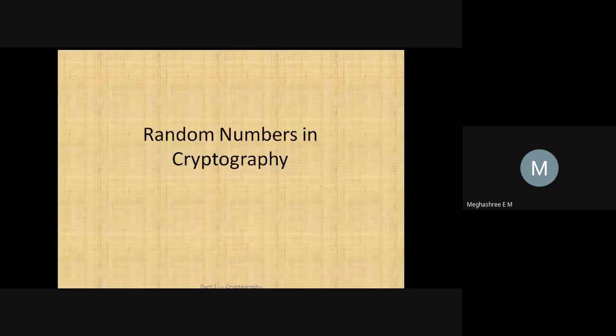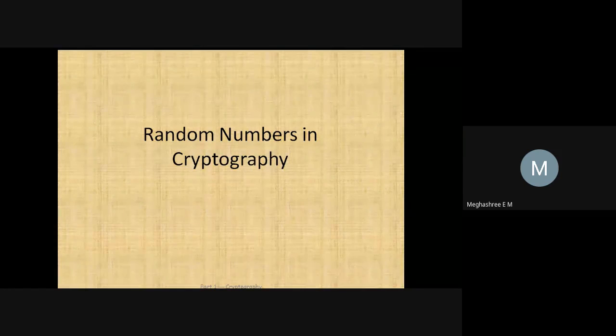Now, what are random numbers? You all might be knowing, right? You have studied cryptography in the last semester where you make use of keys, and these keys are randomly generated, right? So random numbers are what? While generating the numbers, a regular pattern is not followed. In Excel, we have a random function. In Java coding, you have a random function.